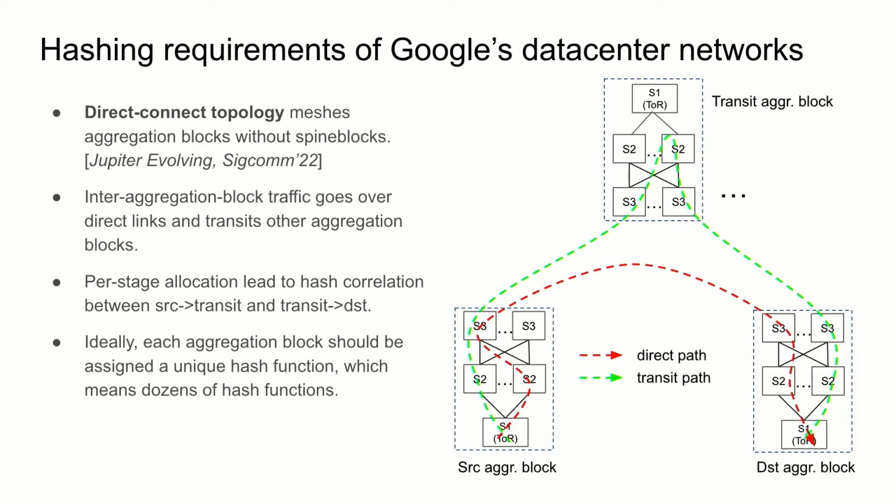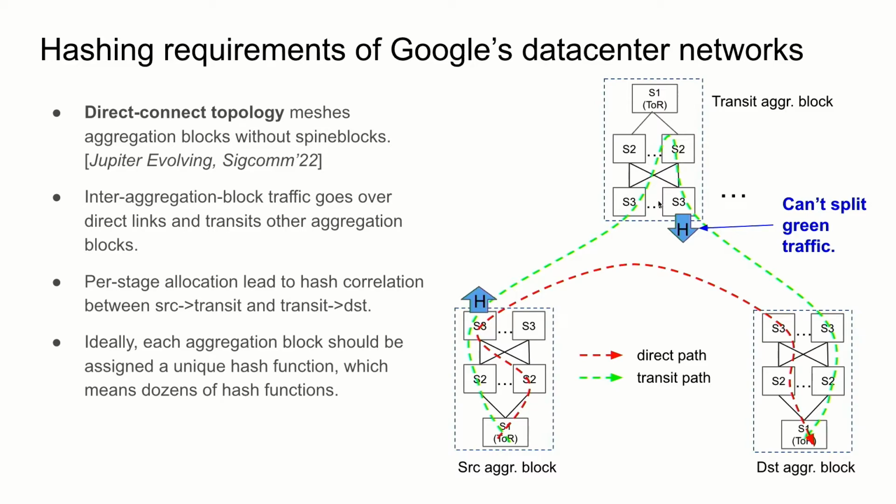So the interblock traffic now either goes over a direct path or it goes through one transit hop. Now, if we use the same per stage allocation, what we're going to see is there's going to be hash collision happening between the source to transit hop and the transit to destination hop.